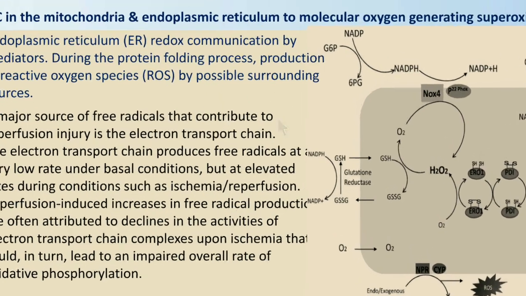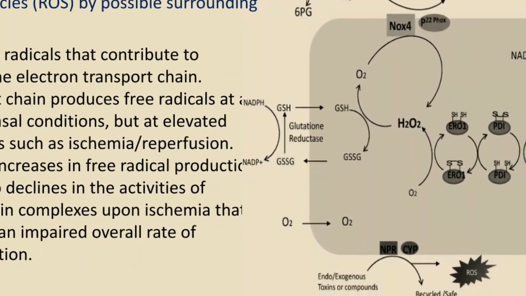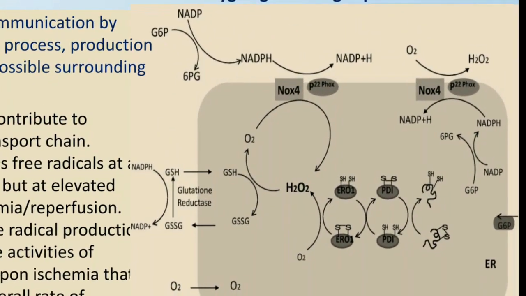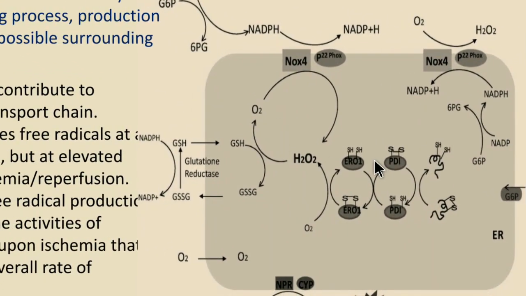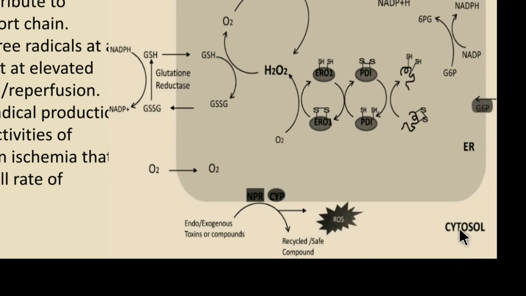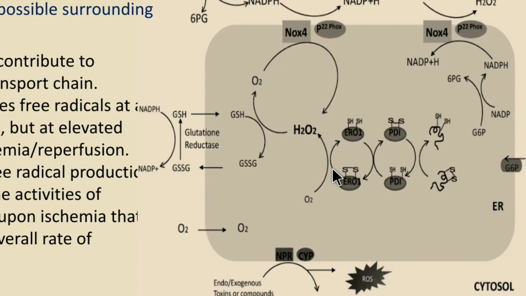Now the diagram shows the folding of the protein. Here you can see the protein folding taking place, and this is ER, the endoplasmic reticulum, and it is the cytosol where the ER is present.